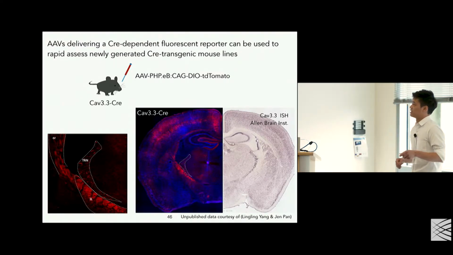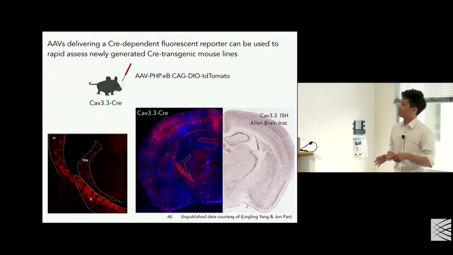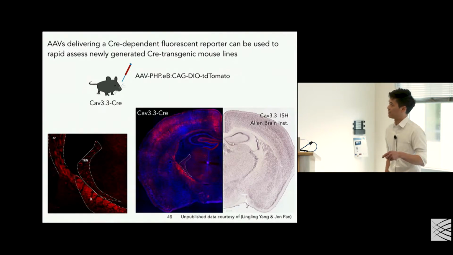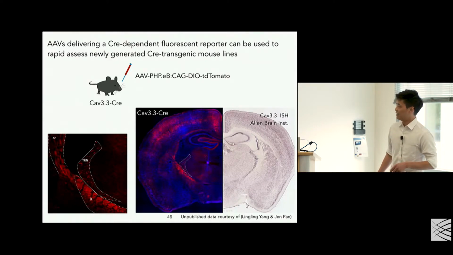Ling Ling delivered AAV PHP-EB encoding a Cre-dependent fluorescent protein to assess a new transgenic mouse line that she generated. On the very right is the mouse line that she generated, compared to the in situ data at the Allen Brain Institute. And on the left is an area called the TRN that they're interested in.